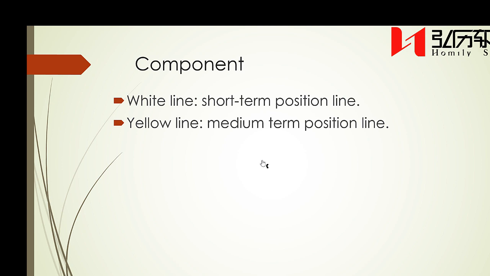And then the yellow line stands for the medium-term position line. With this yellow line we can also judge whether this counter is in a mid-term uptrend or mid-term downtrend.